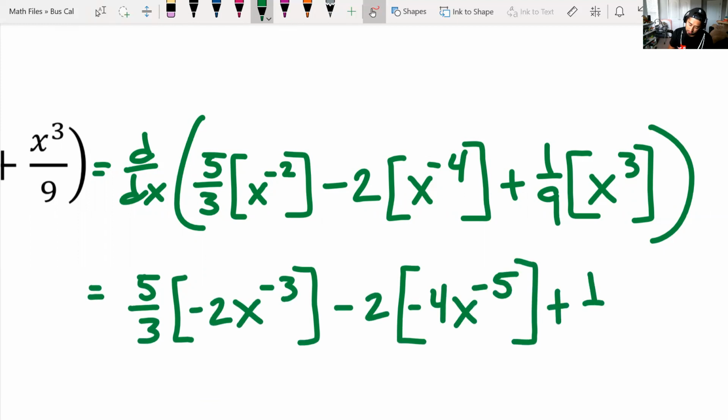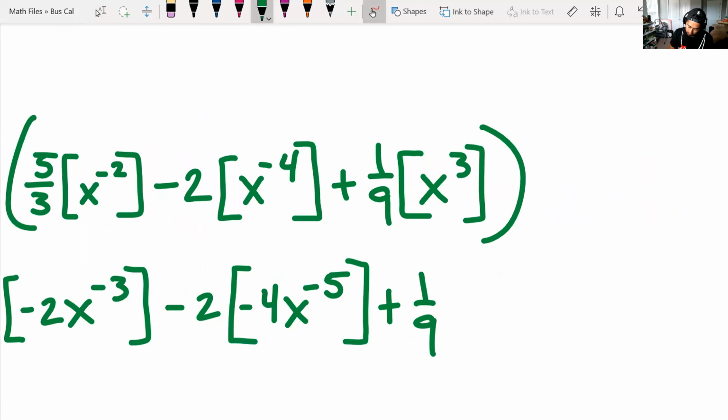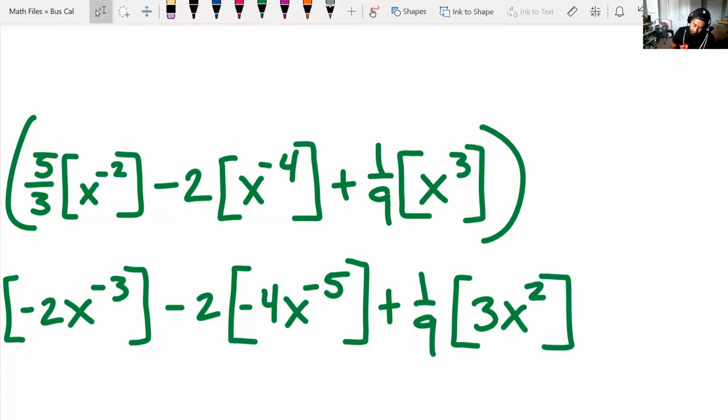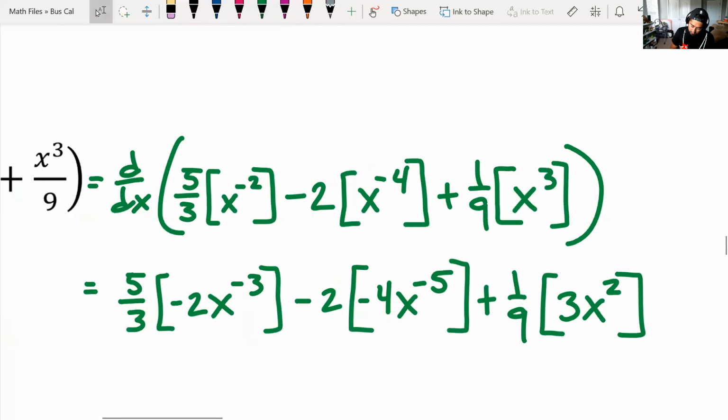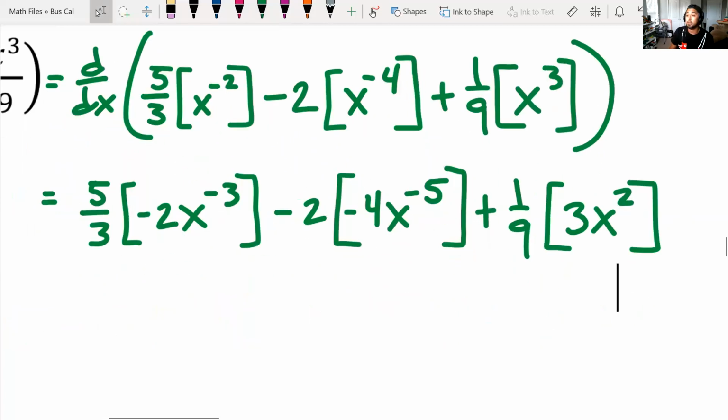Plus 1/9 times the derivative of x cubed, 3x squared. There you go. Derivative is done.